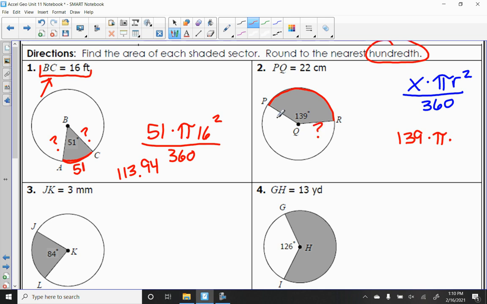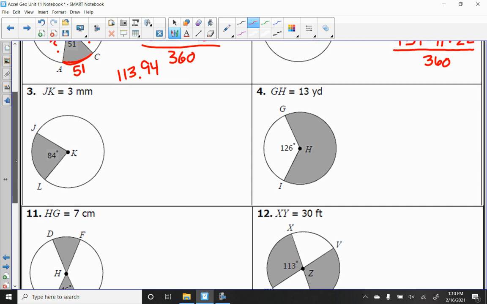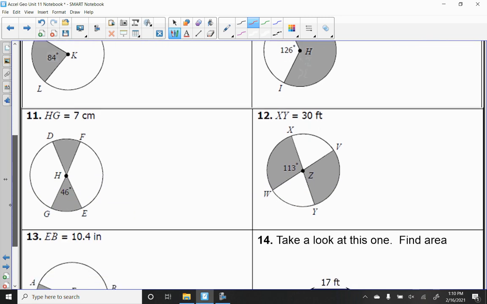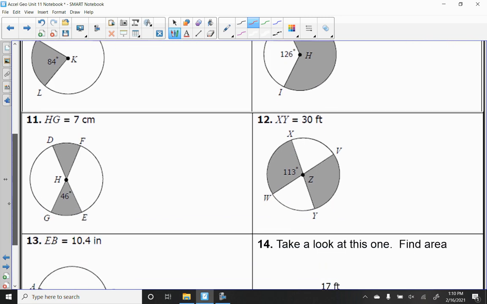There's nothing here, but it does say PQ is 22. So there's where I get my second number, all over 360. Done. That's all you need to do to put it into your formula or in your calculator. Okay, let's see. So 3 and 4 are exactly the same way.